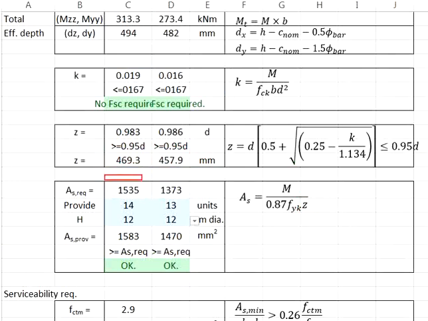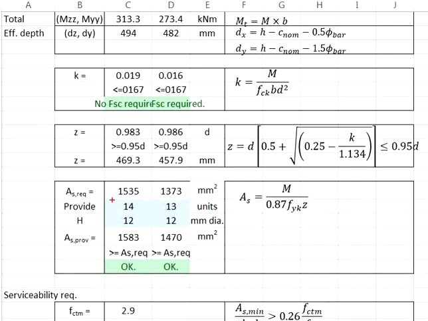That gives you the As required: 1535 and 1373 mm square. Then you're going to propose a sufficient amount of reinforcement bar so that the As provided is greater than the As required. Let us first try a sling pass to the As required.